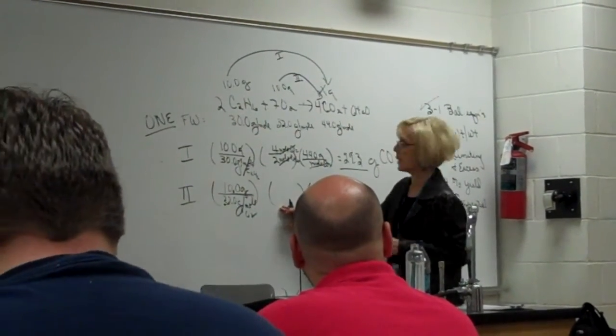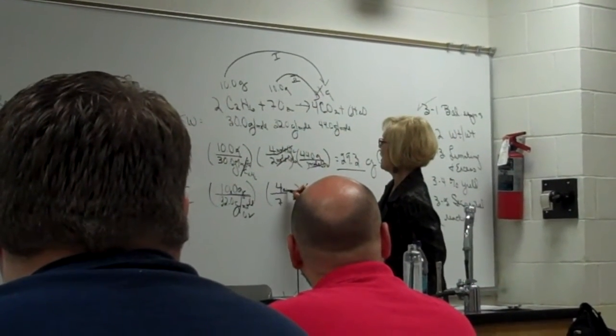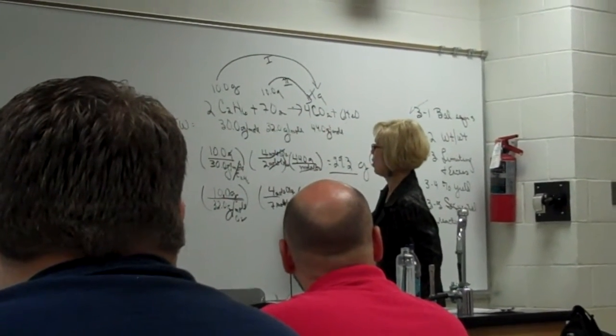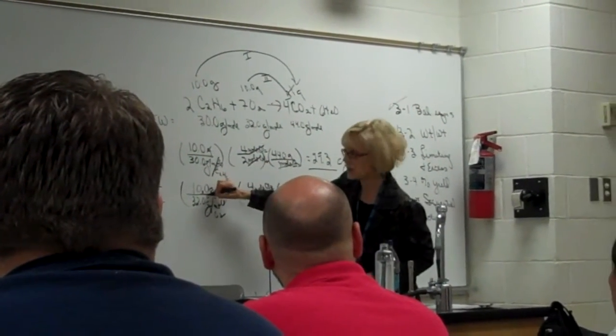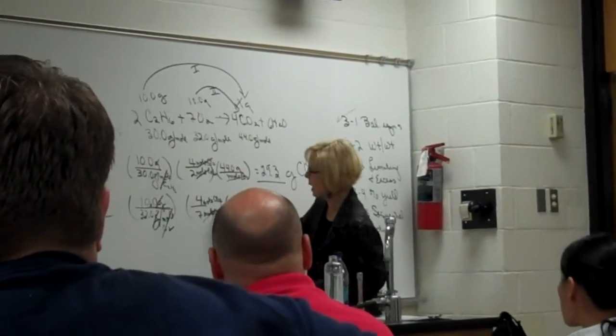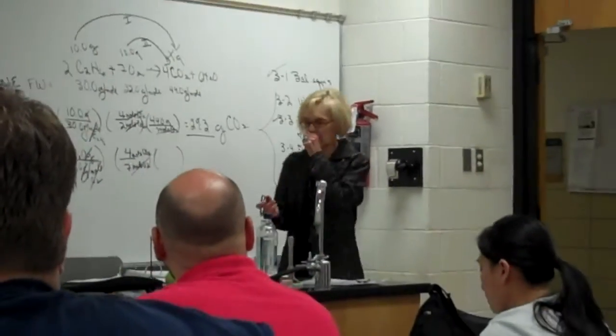Now, mole ratio, Tran. 4 over 7. And that's going to be 4 moles of CO2, 7 moles of O2. Unit analysis here: grams cancel with grams. Moles of O2 come on top, moles of O2 are on the bottom, and we've got ourselves moles of CO2.